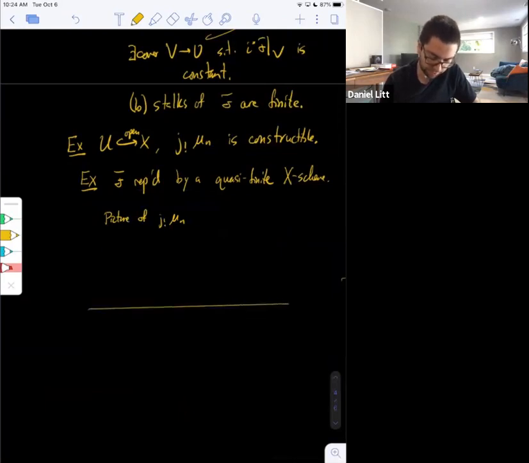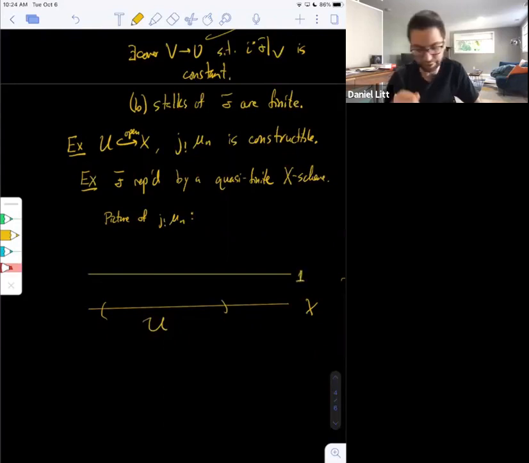So here, this line is supposed to be X, and then inside of it we have this open U. I described this verbally before, but I want to actually draw a picture of the representing object. So j lower shriek of μ_n is represented by, here, this is the identity over all of X. I'll write it in multiplicative notation because it's μ_n.